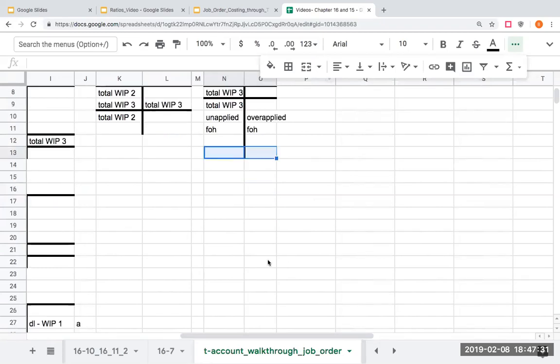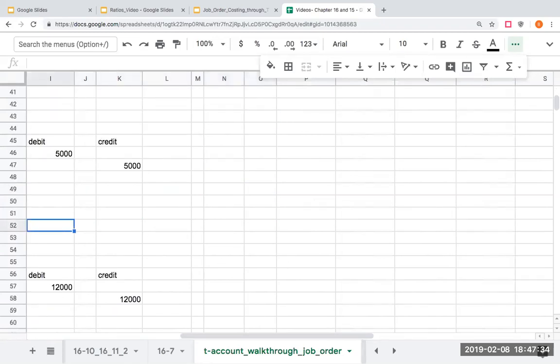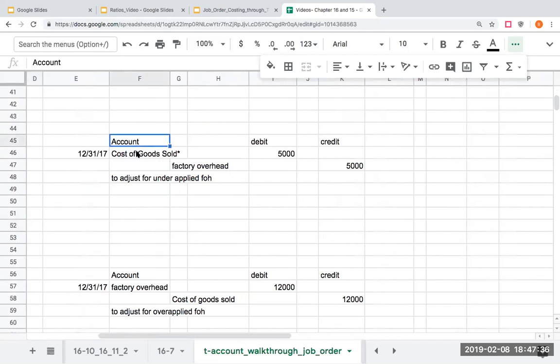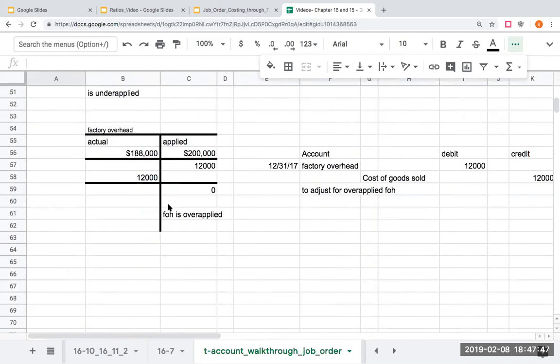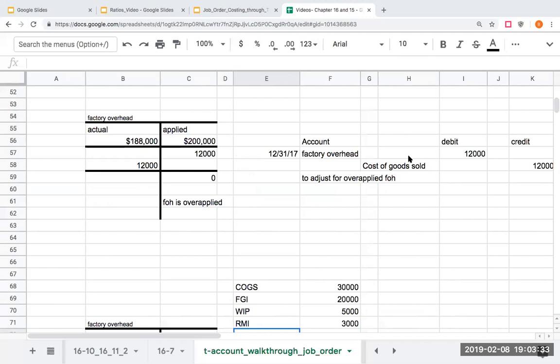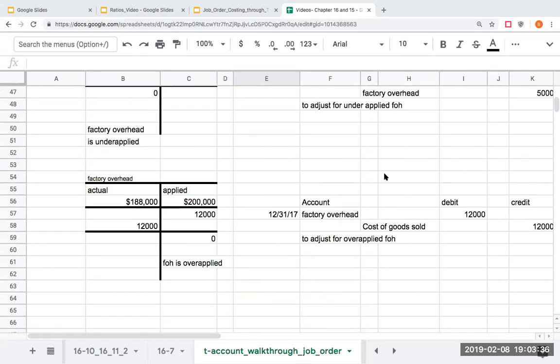Now, the reason why I put an asterisk by this is, what if the amount was in fact material, meaning it's a large enough amount, the overhead is significant enough where it would really make a difference to an investor or internally? In that case, I would apply overhead. So the last scenario in terms of over or under applied overhead is what happens if the amount is significant.